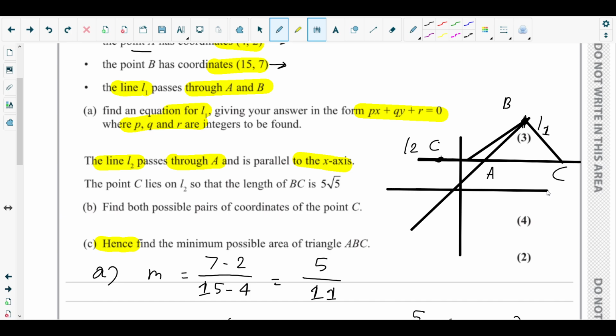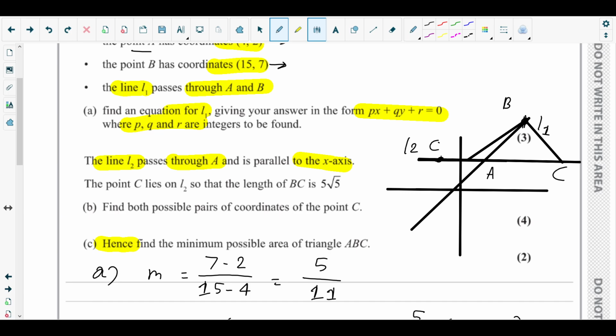So which area will be the smallest? We need to find it out using half times base times height. So for this case, at first you need to find out what? The distance. Which distance?